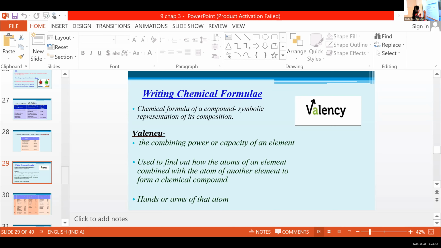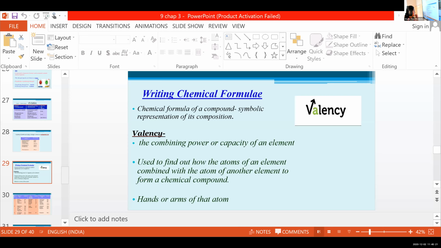Valency is used to find out how the atoms of an element combine with the atom of another element to form a chemical compound.